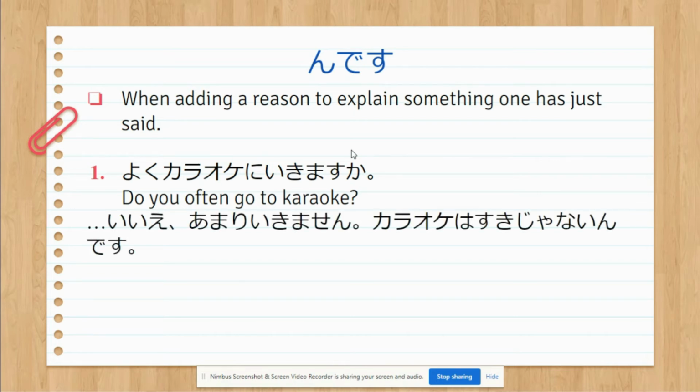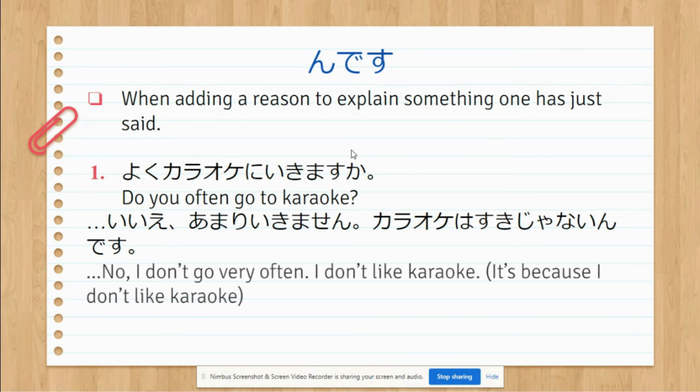Iie, amari ikimasen. Karaoke wa suki janai desu. No, I don't go very often. I don't like karaoke. Or it also implies this meaning, it's because I don't like karaoke. That's the reason why I don't go very often to karaoke.